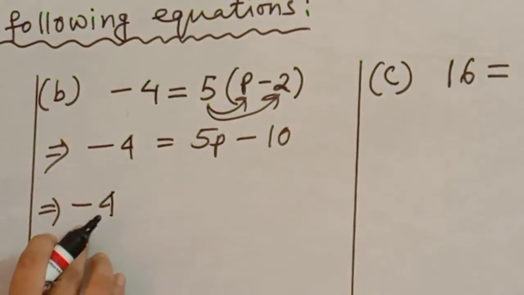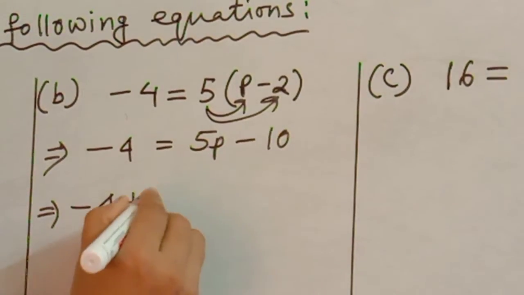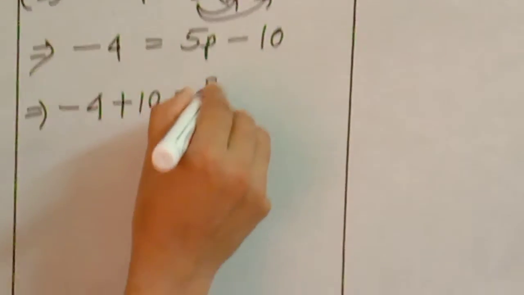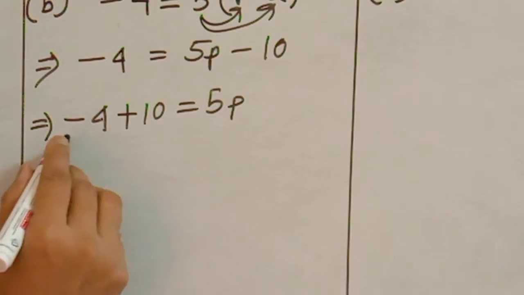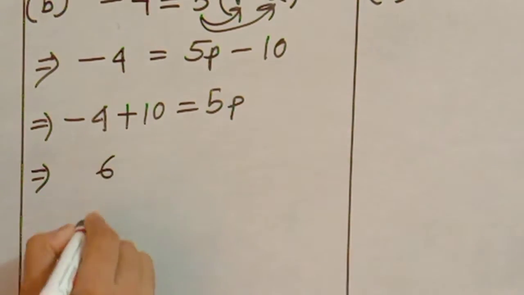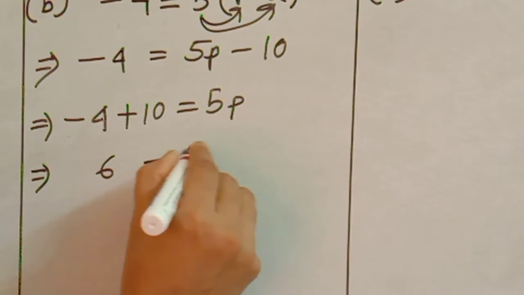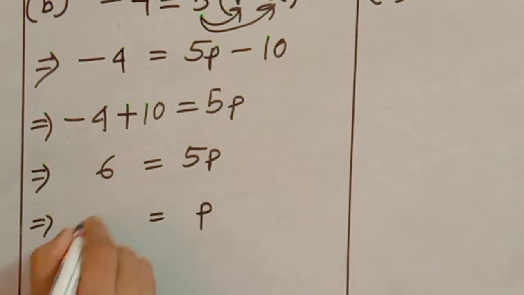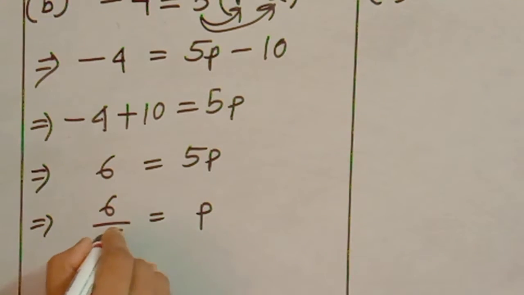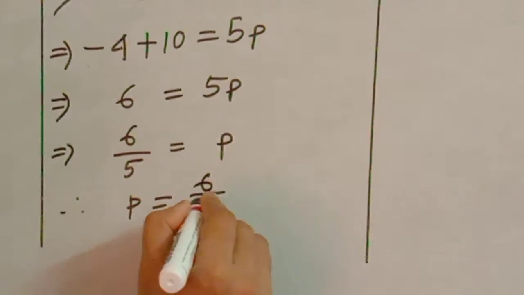Minus 4 was there before. Now plus 10 is equal to 5p. Then minus 4 plus 10, it is 6 is equal to 5p. Separating the variable, p is equal to 6 by 5, or you can write in this way also. Therefore the value of p is equal to 6 by 5.